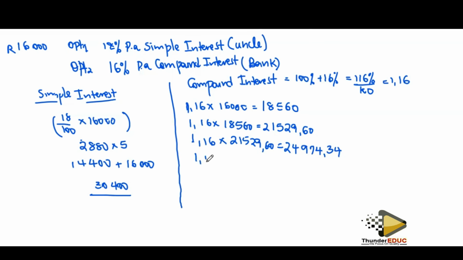Okay, come again. 1.6 times 2.4974.34 equals 28,000.